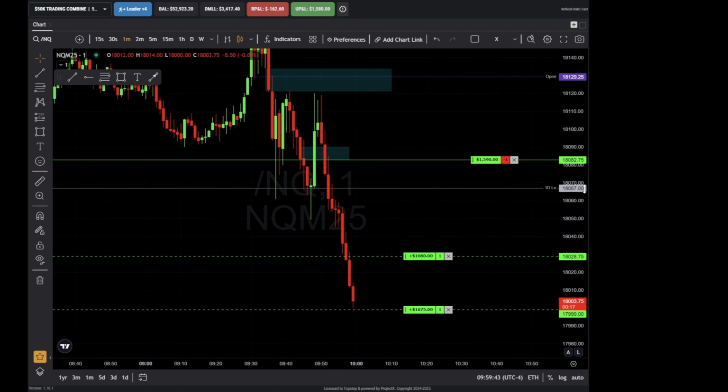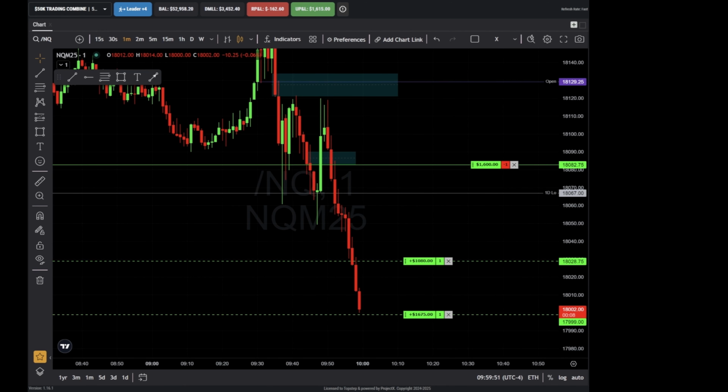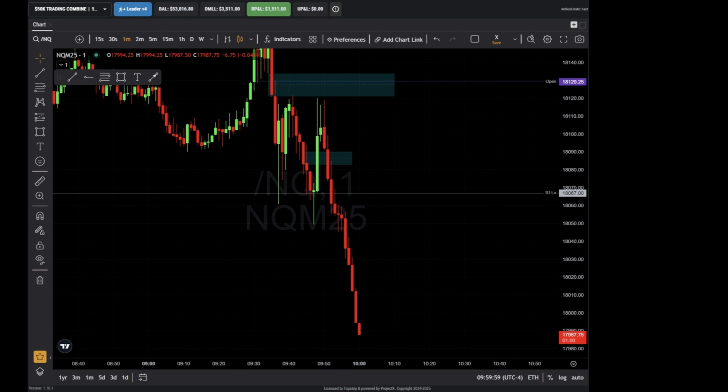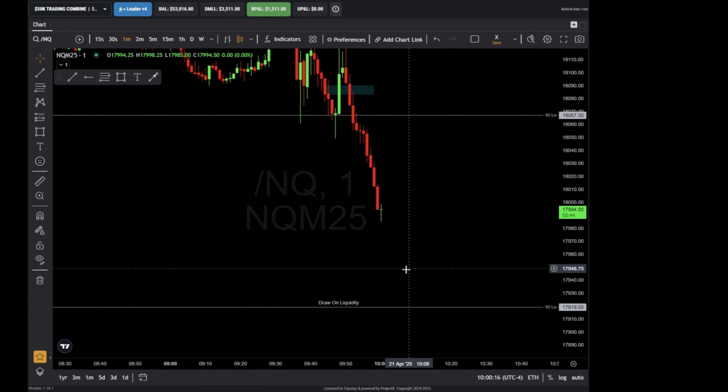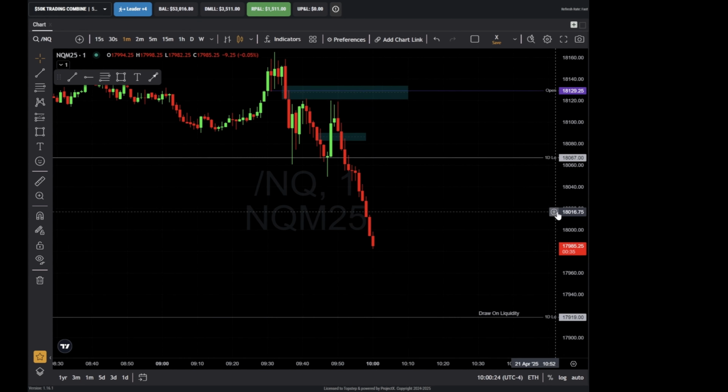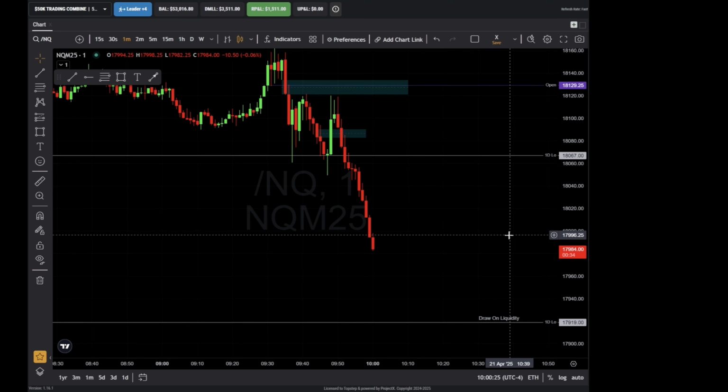And I'm locking in $1,000 in profit. And here you'll see my price hit my target, giving me $1,500 in profit on the day. And you see the draw on liquidity, which is the daily low, which price does hit just a short time later.